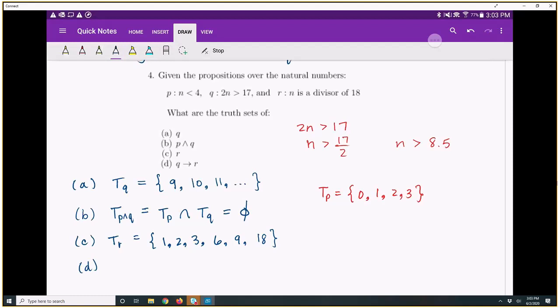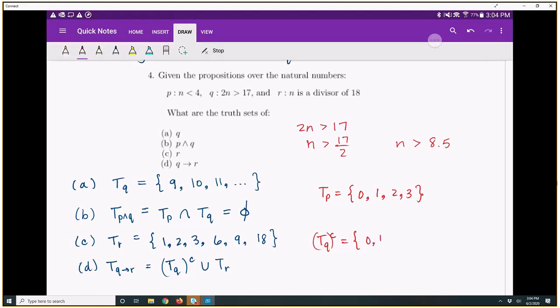The truth set of Q implies R. That's equal to the complement of the truth set of Q union the truth set of R. The complement of the truth set of Q is the natural numbers less than 9.